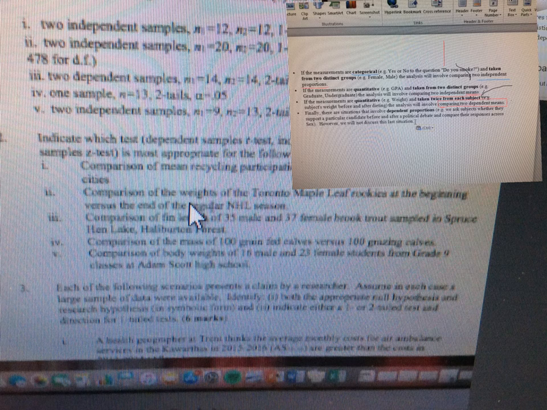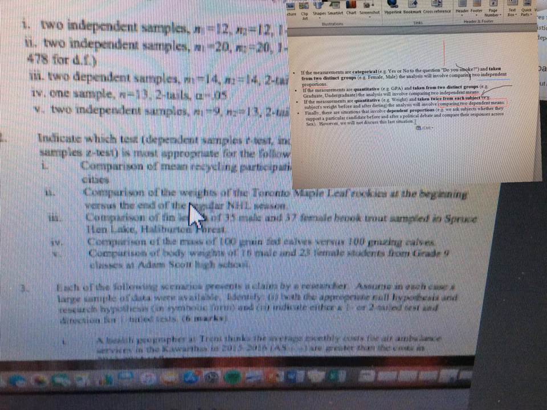We could also make a case, I suppose, for this one to be a hypothesis test. If you were going to say that gender affected weight, and you wanted to know if there was a significant difference between the weights of males versus females, you could make it into a hypothesis test, and then in that case it would be the two-sample Z test.